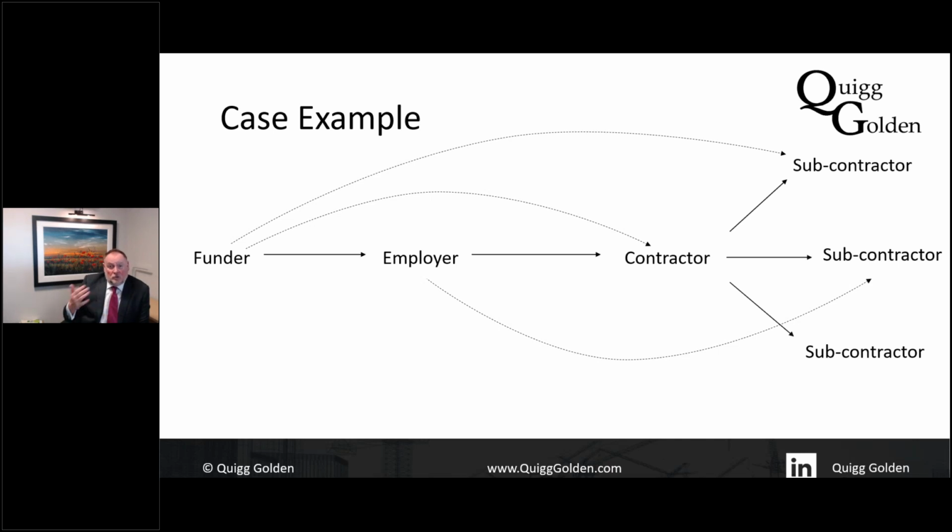So these are contracts in their own right, which are running alongside the existing typical contractual link. So all collateral warranties is creating a direct contractual relationship between two parties in the construction project, which wouldn't otherwise have a contract in place.